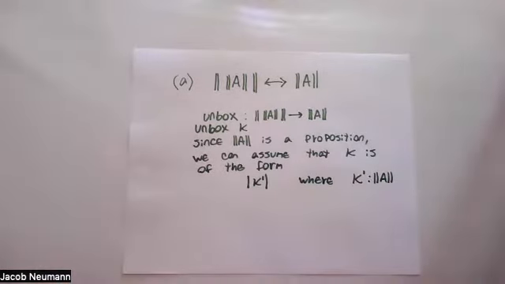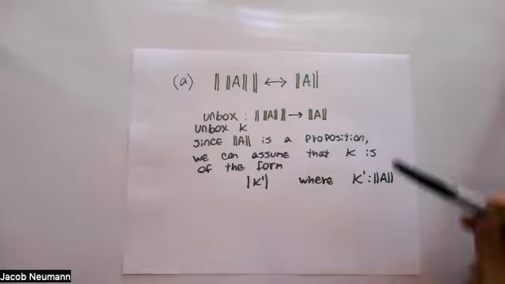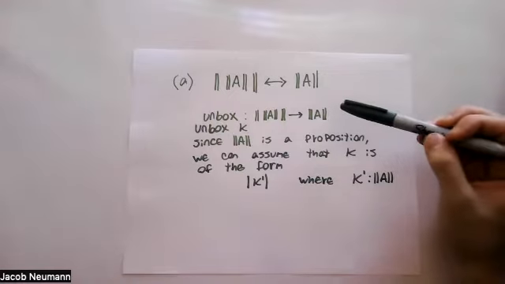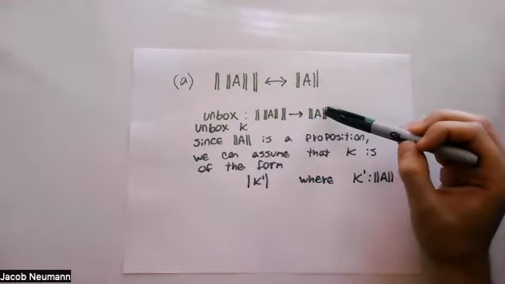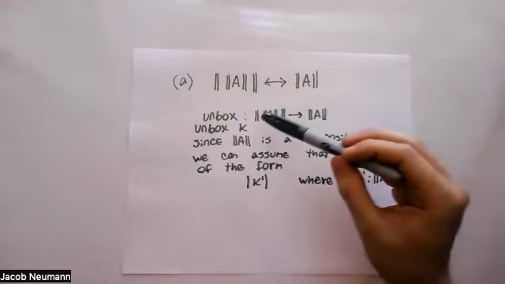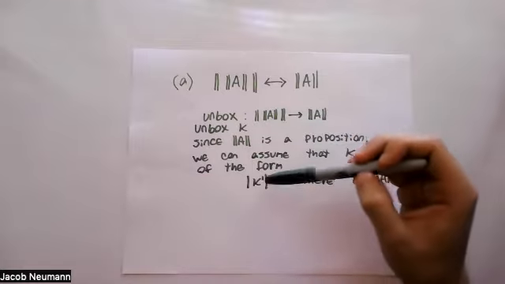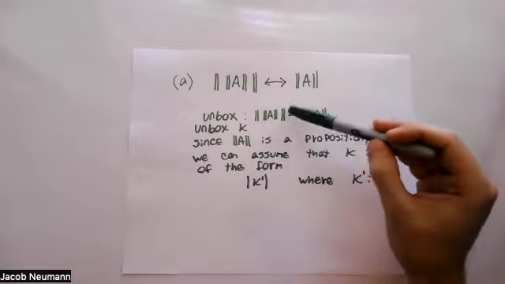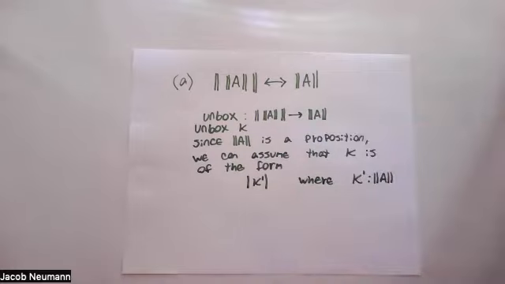So this is how we use the universal property: if we're trying to map into a proposition, then we can unbox this and assume that we can get some K prime, which is like the thing sitting inside this truncation.